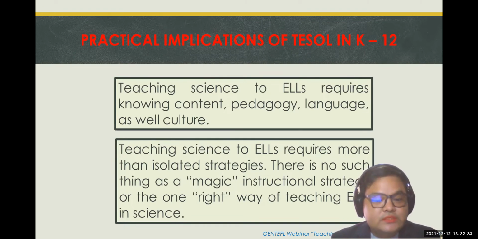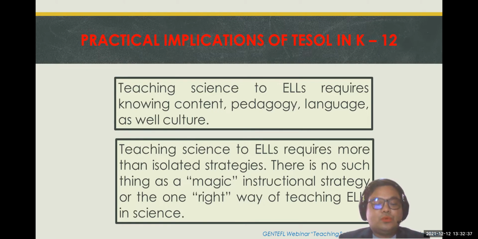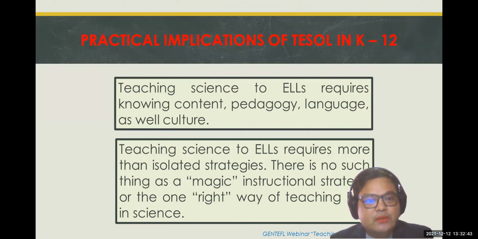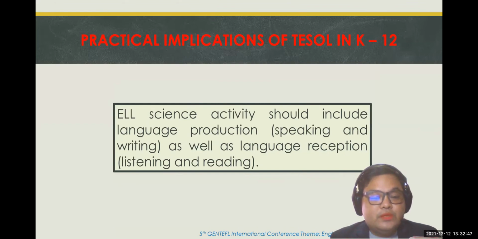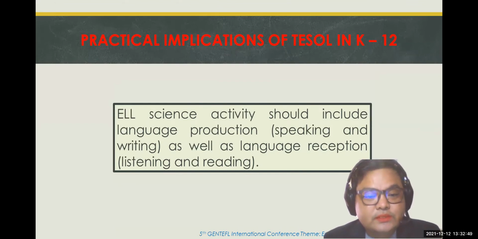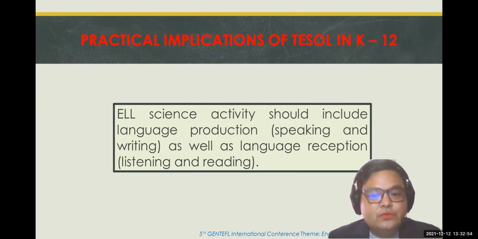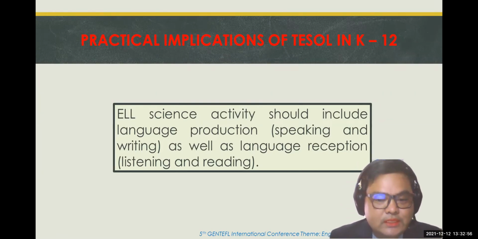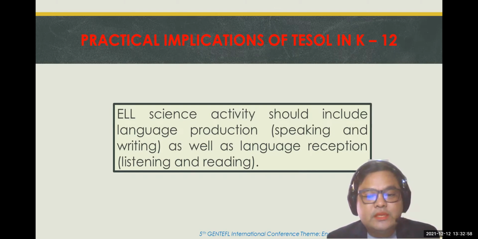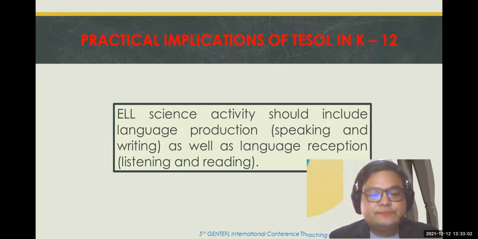There is no such thing as magic instructional strategies, or the one right way of teaching science to English language learners. Science activity for language learners should include language production, which is speaking and writing, as well as language reception, which is listening and reading.